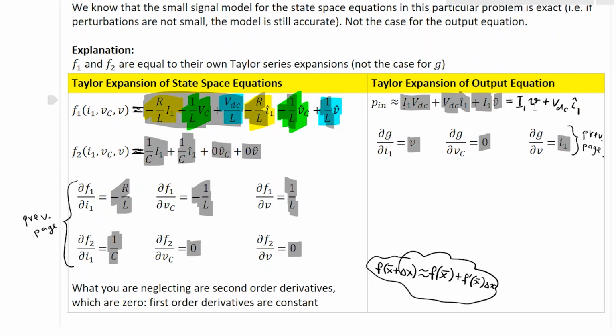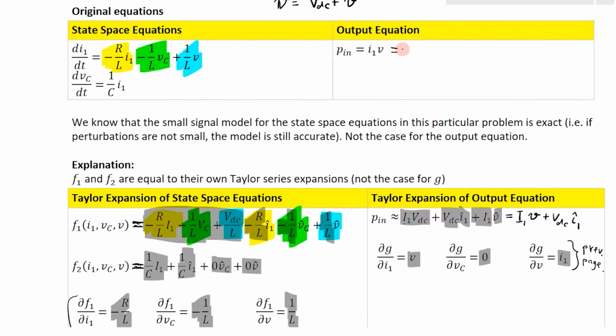And this is not the same thing as this guy, because this guy is equal to I1 plus I hat 1 times VDC plus V hat.